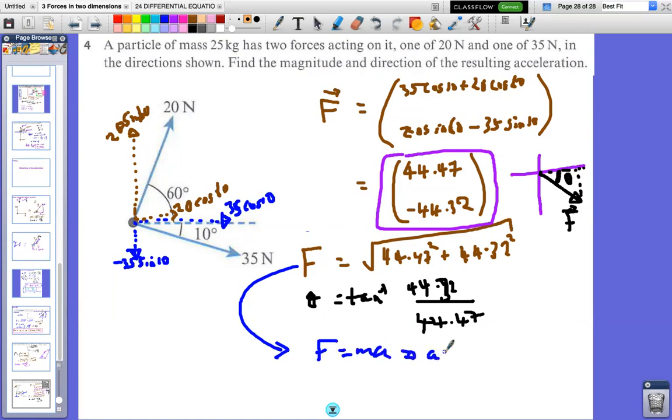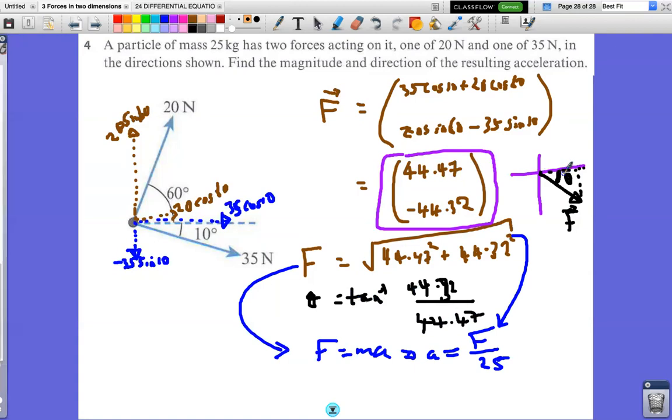So your a will be the magnitude of that force over the mass, which is 25 kilograms. So whatever you have here will be your magnitude of force, right? And the direction will be tan inverse of that.